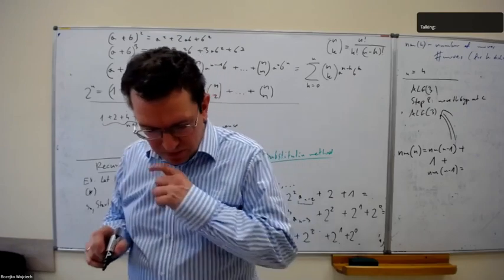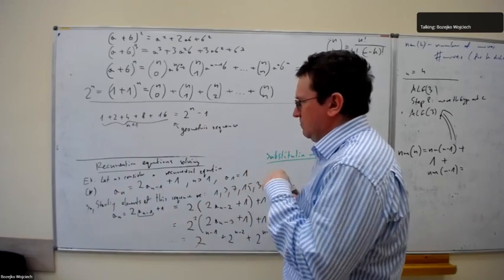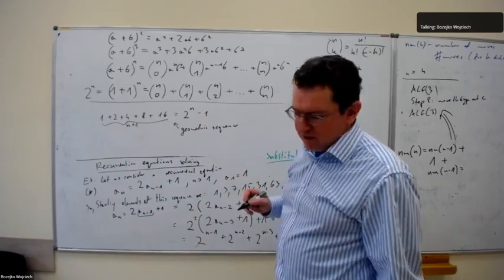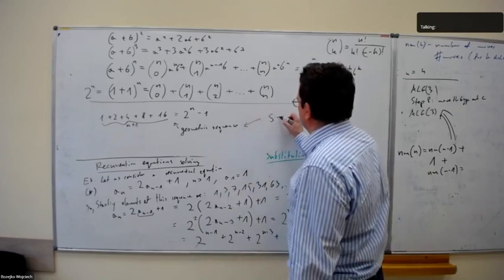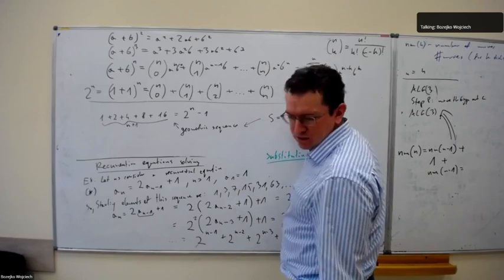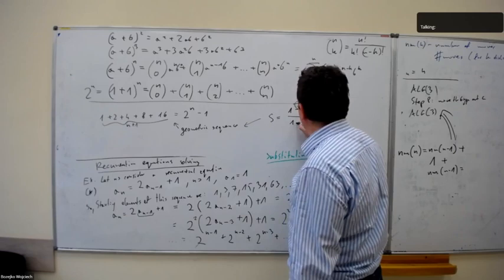And maybe you remember that if we have a sequence with the multiplier q, the sum of this geometric sequence is 1 minus q to the power of n divided by 1 minus q.